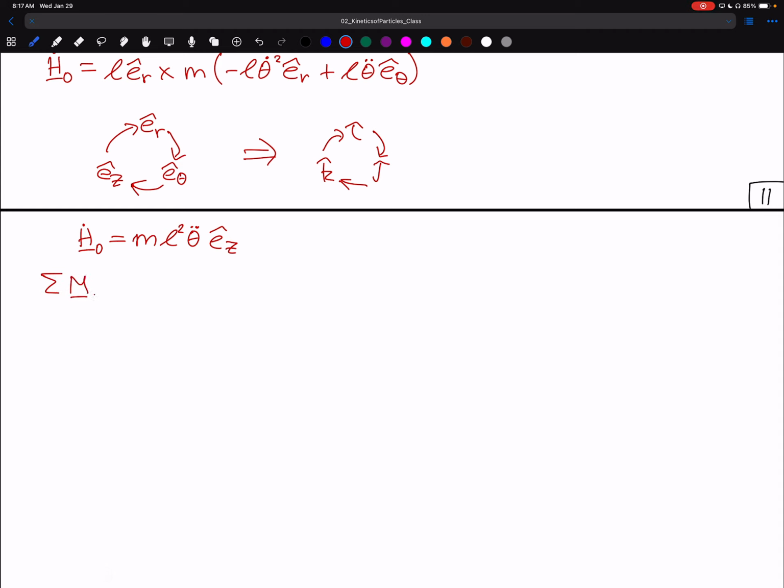All right, we said that the sum of the moments is equal to the sum of the cross product of the position and the forces.